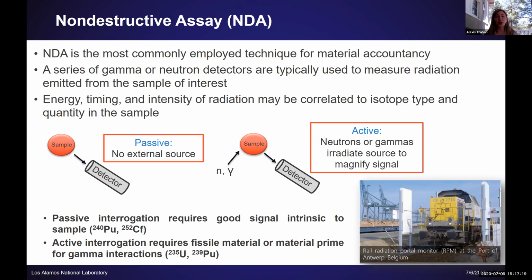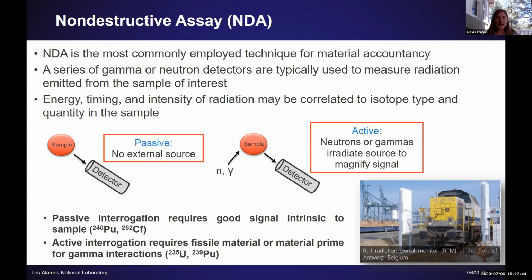Basically, we're just measuring the radiation that comes out to determine things like the quantity or material of the sample. And of the parameters of the radiation, we might measure the energy of the radiation emitted, we might measure the timing, the intensity, or realistically, in most cases, all of those to determine what is in the sample that we're measuring.